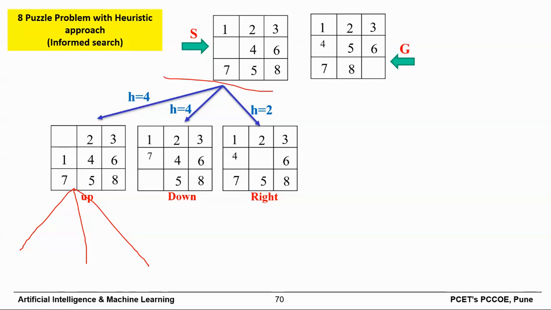Don't worry about this heuristic value. Forget about heuristic value. When you consider this particular state, do you have different options? Yes or no? Two options you have. Either you can interchange this one or you can interchange with the two.